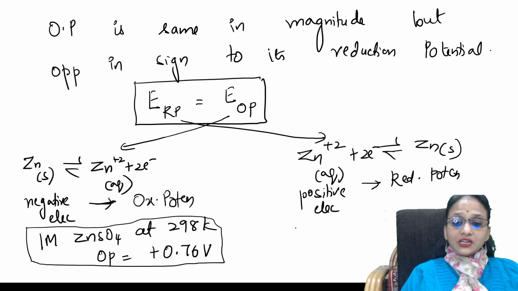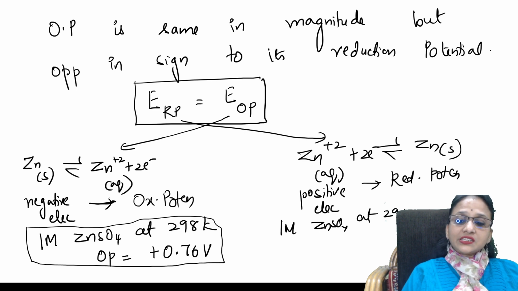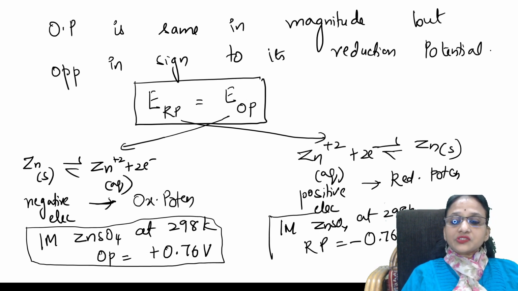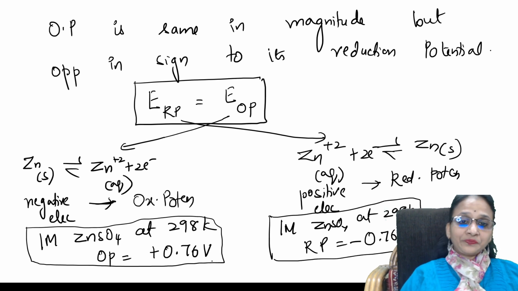The condition is 1 molar zinc sulfate at 298 Kelvin. How much is the reduction potential? It is 0.76 volts. Now you're able to see the difference, students. The difference in both cases is only the sign convention. Got it?